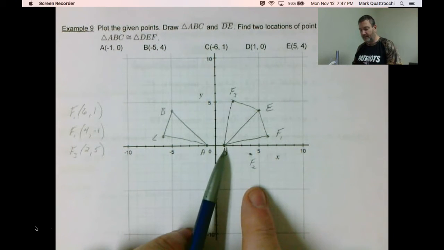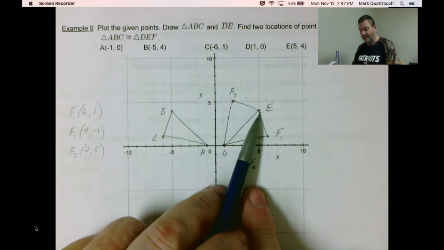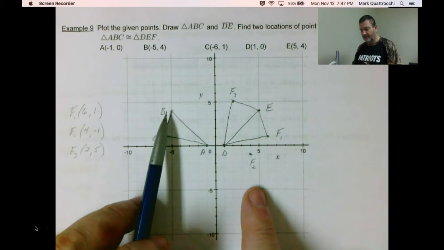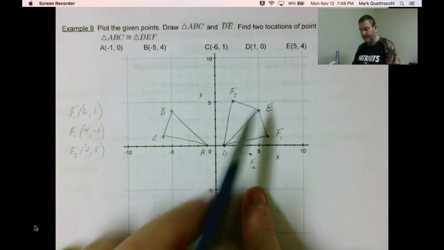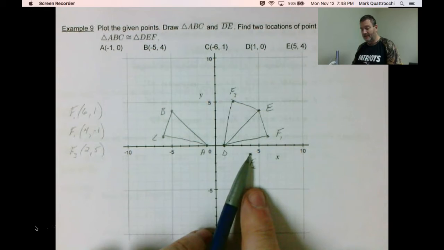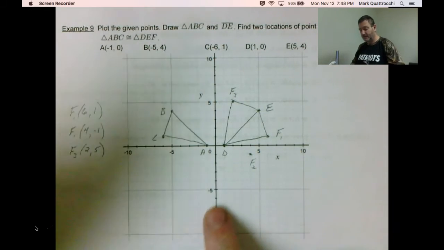It would be E to F to D, and they just don't match up.